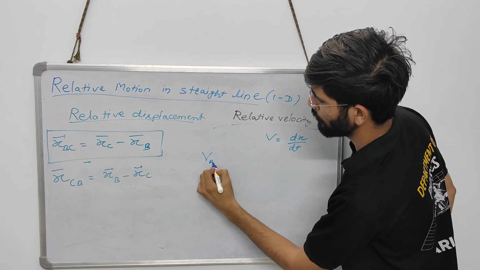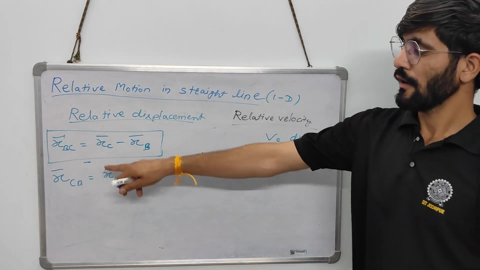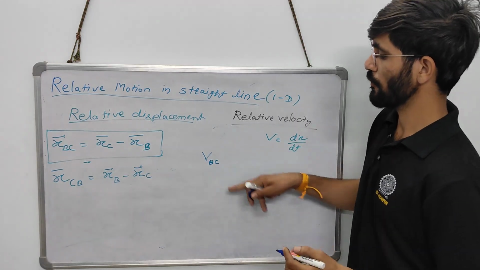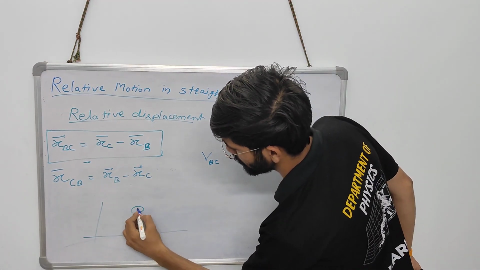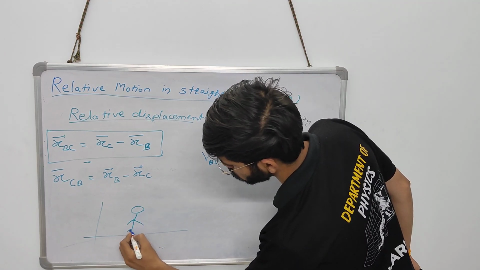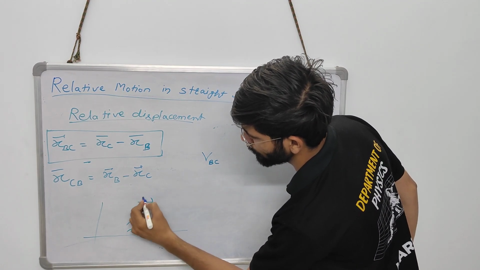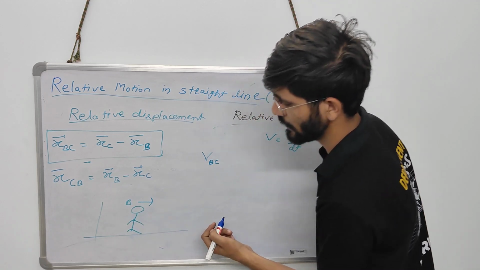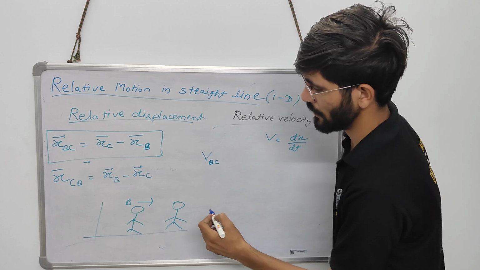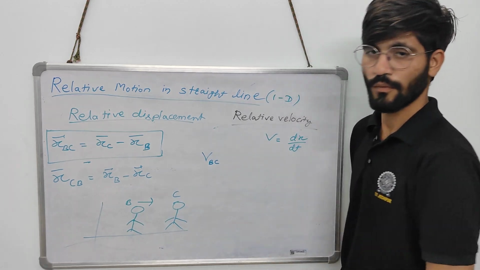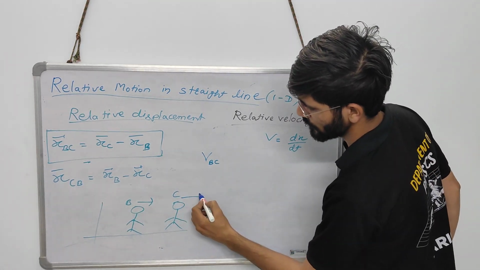Let's say V of BC. Let's take a point, this is B, moving with some velocity, and another person C, which is also moving with some velocity.